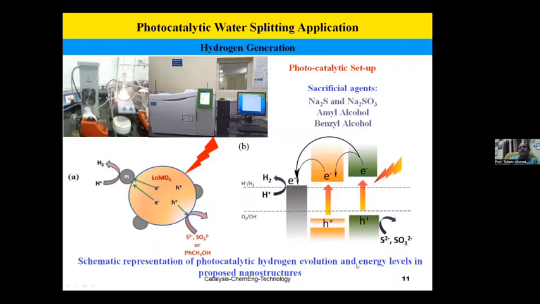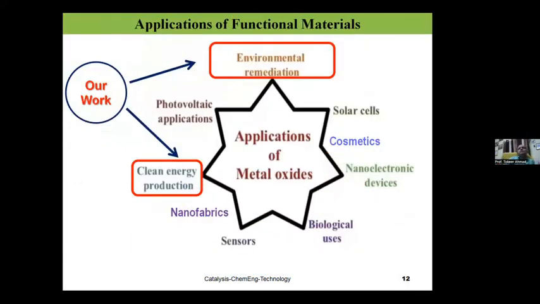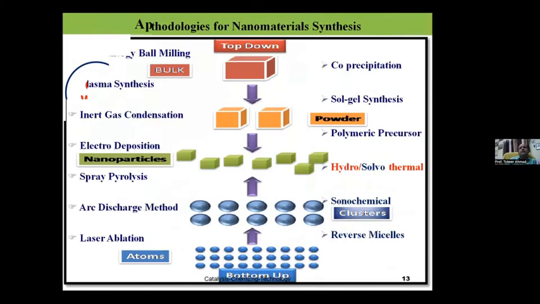This is the proposed mechanism of how we get hydrogen evolution using photocatalysis. There are certain applications of our nanomaterials, or these advanced materials, in energy production, environmental remediation, cosmetics, sensors, and photovoltaic applications.